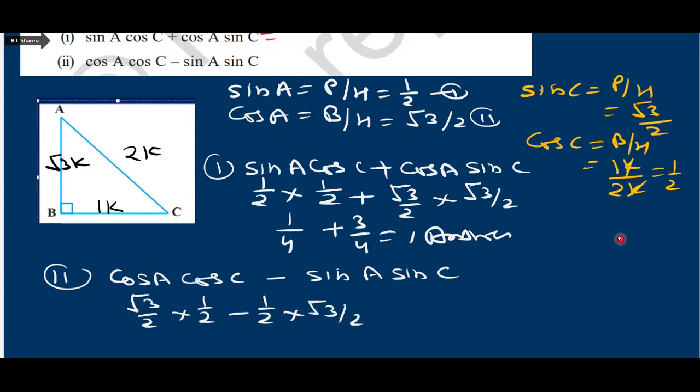So when these are the same numbers, these cancel and the answer is 0. The answer of the second part is 0.